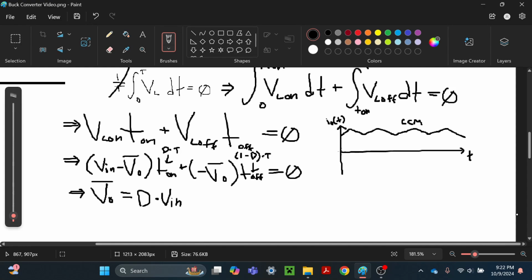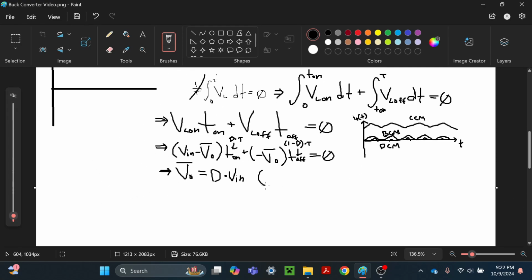And then when the bottom is barely touching 0 amps, this is going to be boundary conduction. And then when it goes below, it's going to be like this. It's going to get chopped off at the bottom. That's going to be discontinuous conduction.